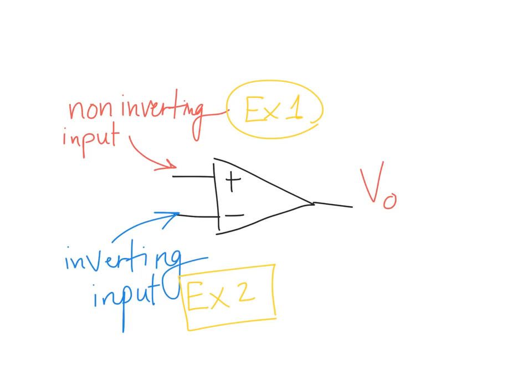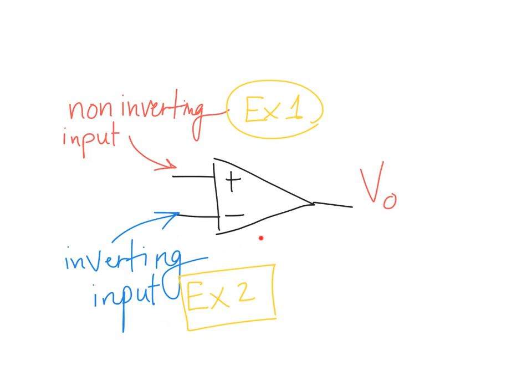To wrap this up, if we have an ideal operational amplifier with the input connected to the positive terminal, as in example 1, it is called a non-inverting input or non-inverting operational amplifier. If you have your input through the minus terminal, it will be an inverting input.